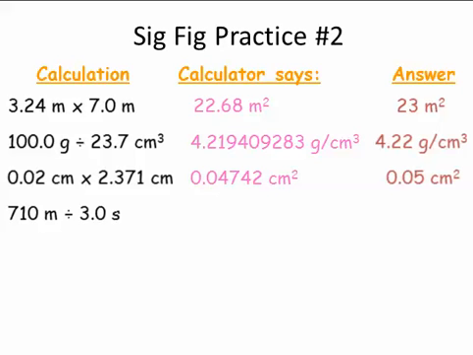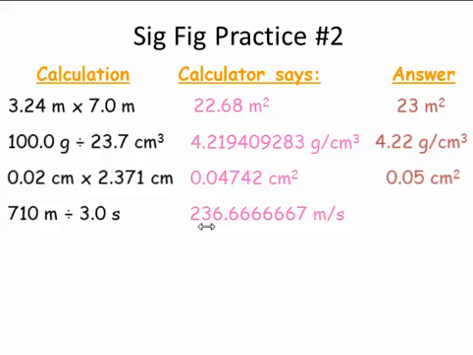710 divided by 3. 23.666, right? Just keeps repeating, giant number. 1, 2 sig figs here, 1, 2 sig figs here. So we need 2 sig figs. So 1, 2, that's a 3. So we need to round off to this 3 in the tens position.